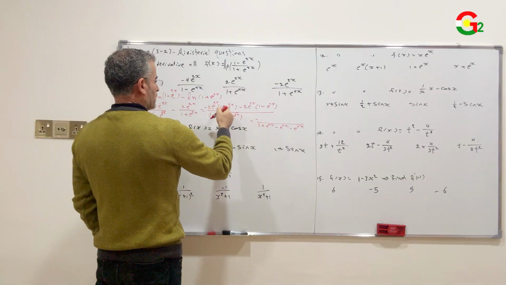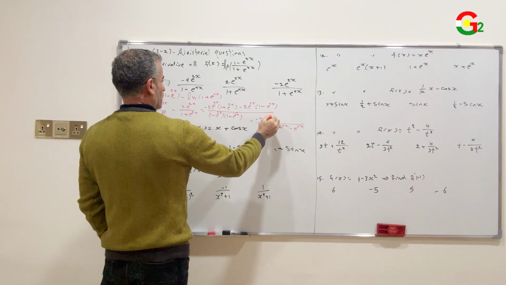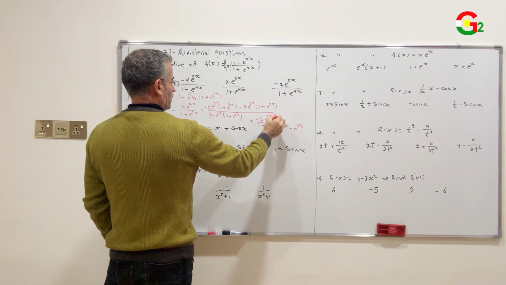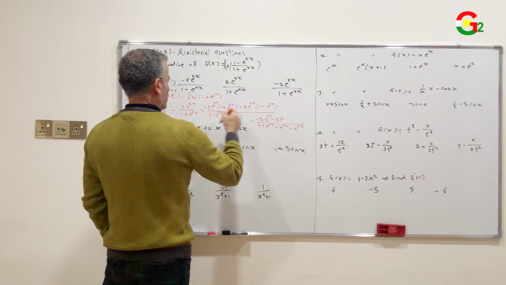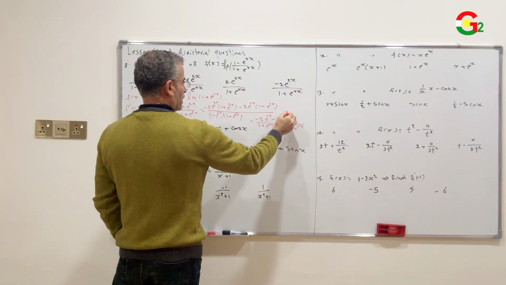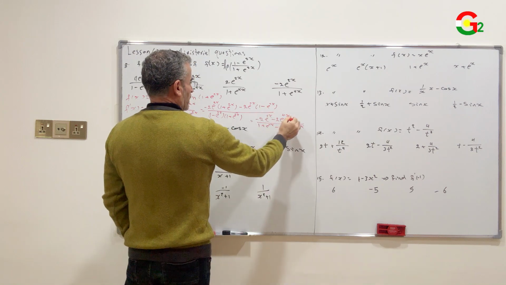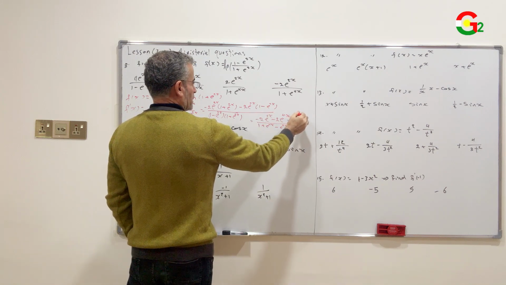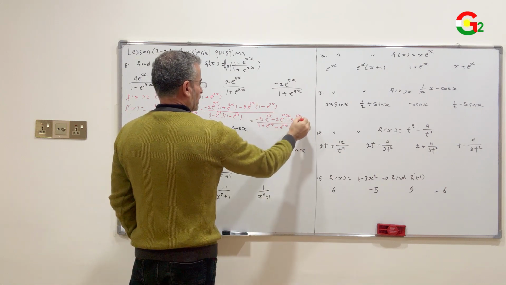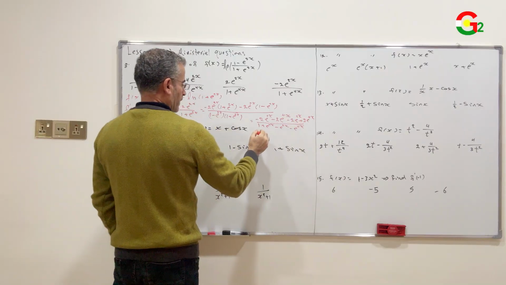Negative, open this bracket, negative 2 e to the 2x minus 2 e to the 2x times e to the 2x, e to the 4x. Negative, open also this bracket, 2 e to the 2x, negative times negative, positive, 2 e to the 4x.